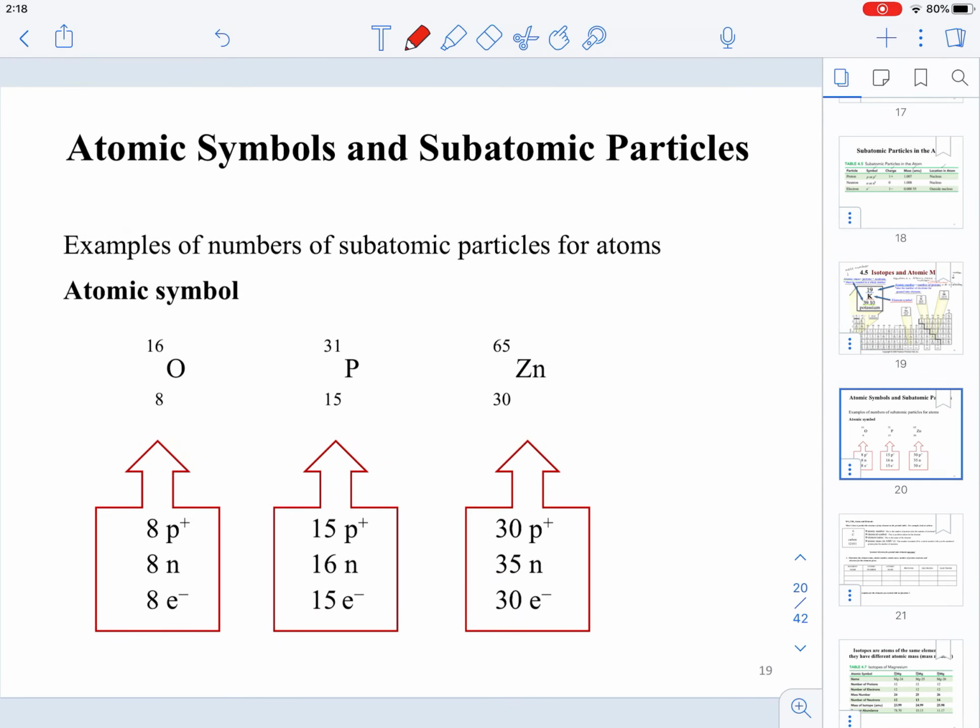The next concept that we are going to explore before we talk about isotopes is isotopic notation, because we need to practice the different symbols and notations that we utilize in this course. Isotopic notation is given in the following fashion: on the top left corner, the atomic mass for the element, again rounded to a whole number.